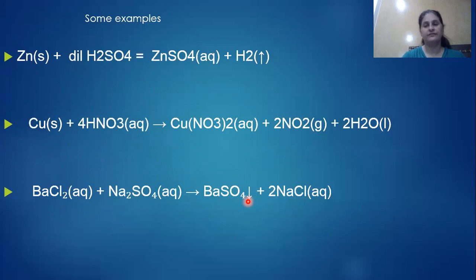That means barium sulfate doesn't dissolve, it settles down, right? And sodium chloride, aqueous form of sodium chloride, that means sodium chloride is completely soluble in water, right? So this way, when you mention these conditions in your reaction, your equation becomes more informative in nature.